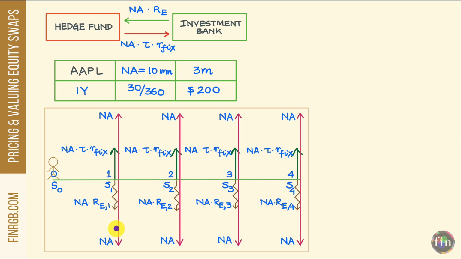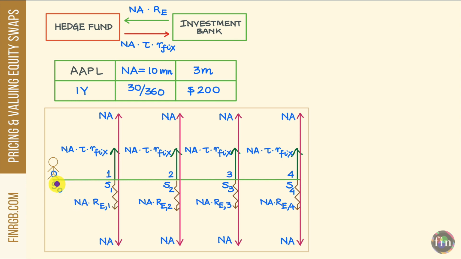If I were to combine these two, I get NA times S1 over S0, which can be thought of to be NA over S0 times S1. NA over S0 can be thought of as the number of shares of Apple that can be purchased if I were to invest these many dollars into the stock of Apple as of this point in time.